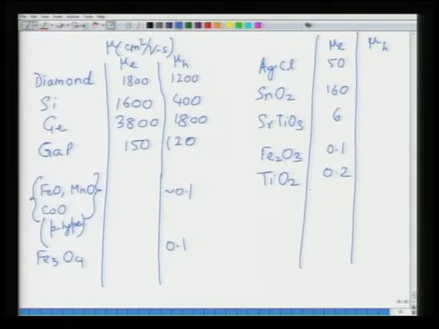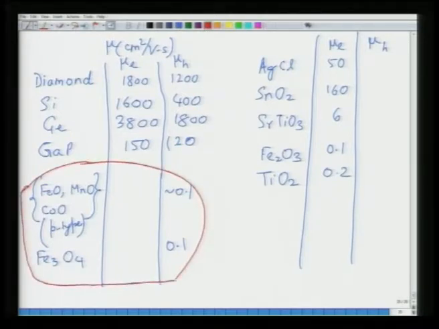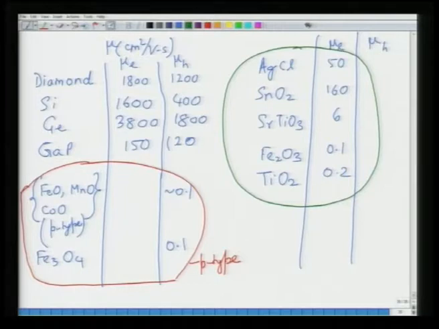so you basically have p type ionic solids, and these are all p type ionic solids, because here hole mobility dominates over the electronic mobility. The other ones are predominantly electronic transport materials, where electronic mobility dominates.